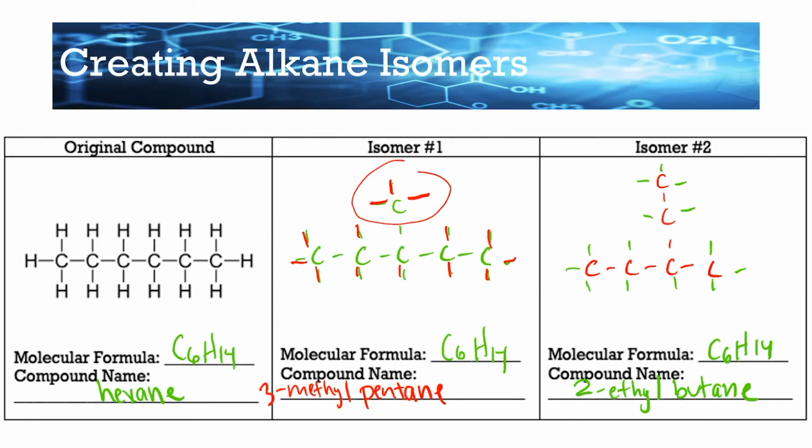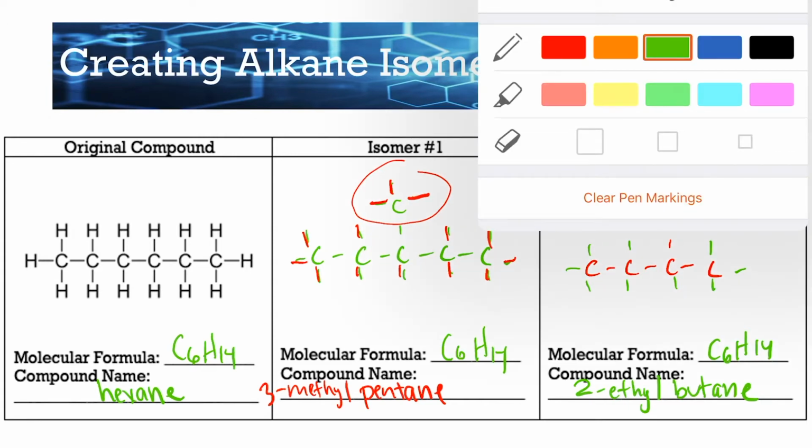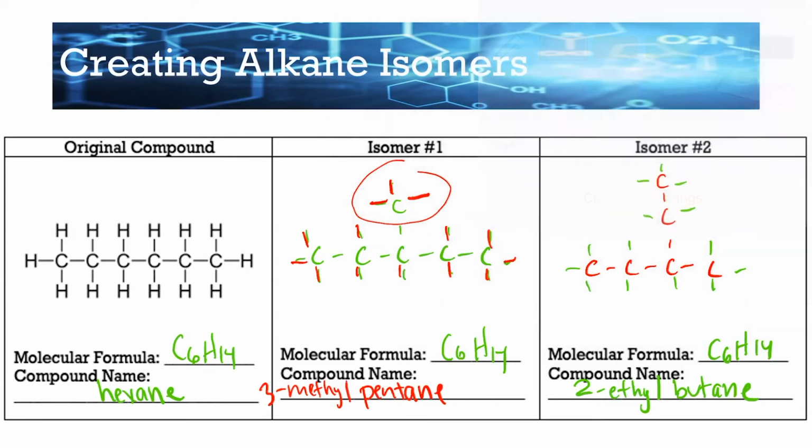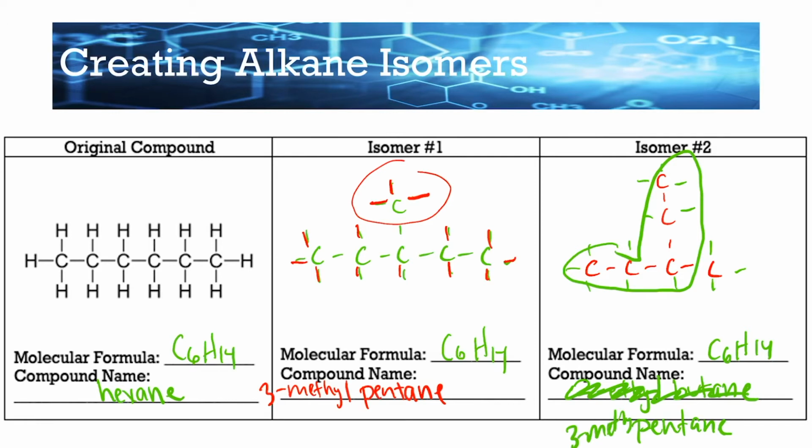This is not 2-ethyl butane. This is actually the same compound as before. So, when you have to name your longest chain, our longest chain right there is pentane. And we still have that 3-methyl group. So this would not be an example of an isomer.